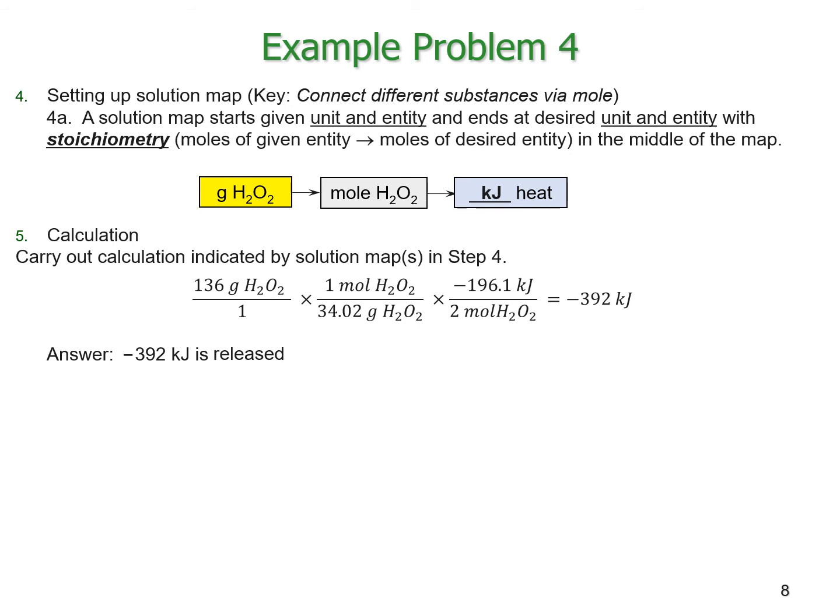Doesn't sound right, does it? Remember, when we say the energy is released, what sign does it indicate? Of course, it's negative. The reaction is exothermic. Heat comes out, the system loses energy, so delta H is negative.